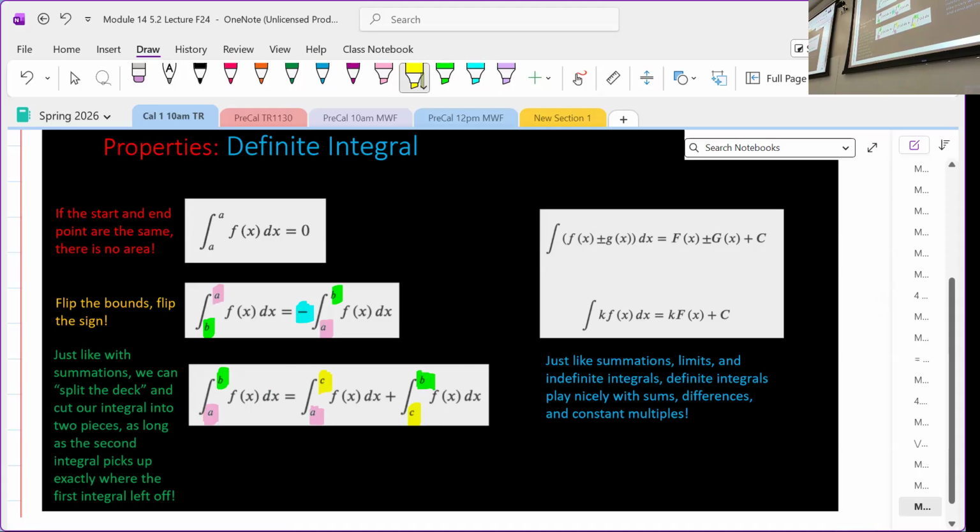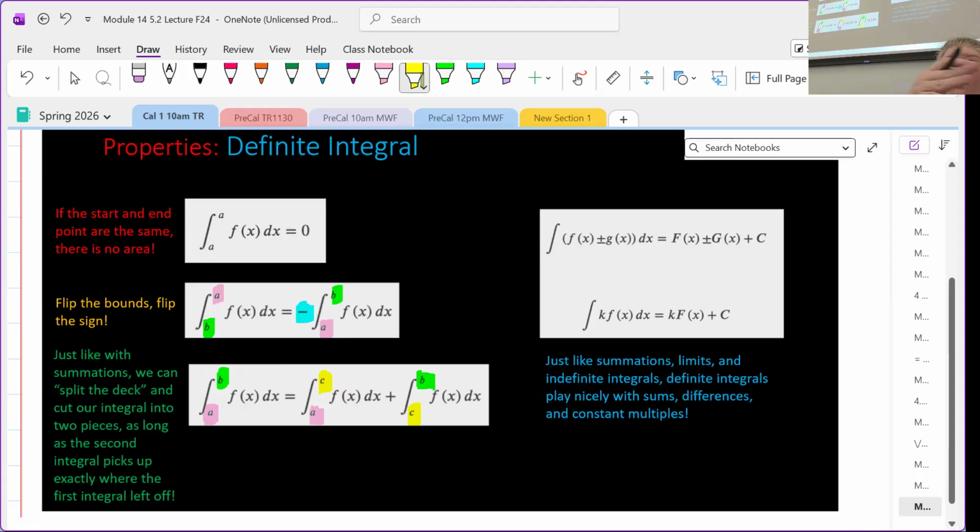We very rarely do that, but eventually in the middle of Cal 2, you'll actually see integrals at infinity. And sometimes we need a number in between, so we're not looking at two limits of infinity. Or if my function formula changes, because I have a piecewise function.